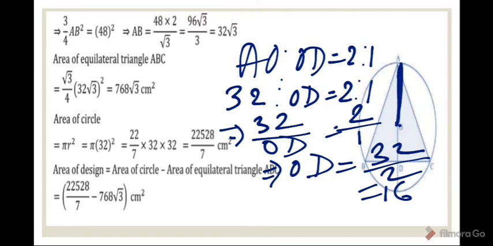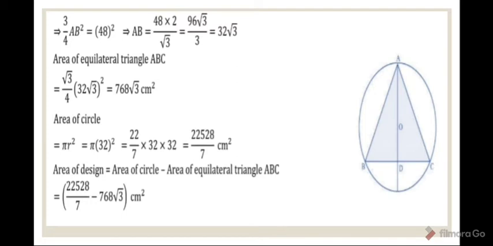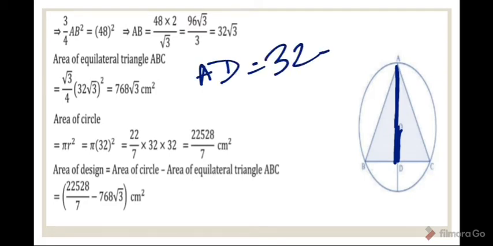I just did the cross multiplication. So OD is equal to 16 centimeter, meaning the distance from here to here is 16 centimeter. Now AO is 32, OD is 16, so you got the value of AD. AD is equal to 32 plus 16, which is 48 centimeter. So you got the value of the median, which is 48 centimeter, right?